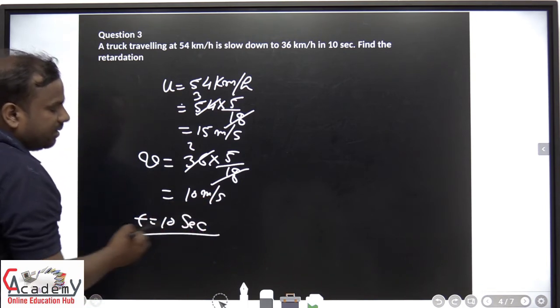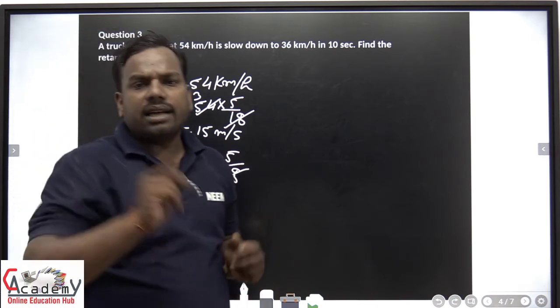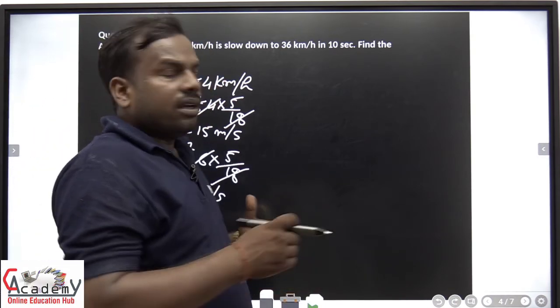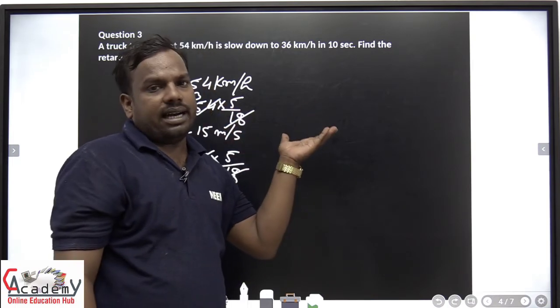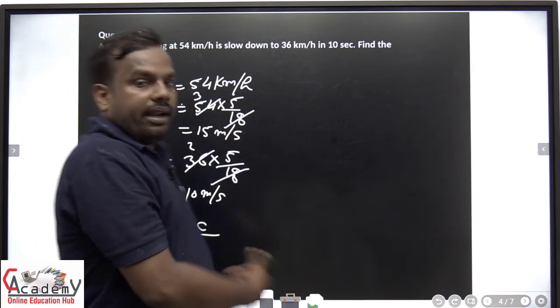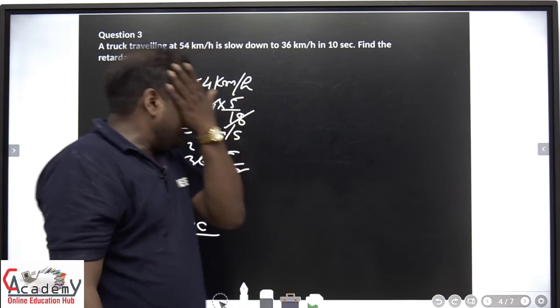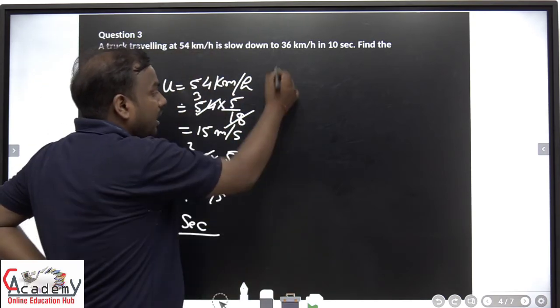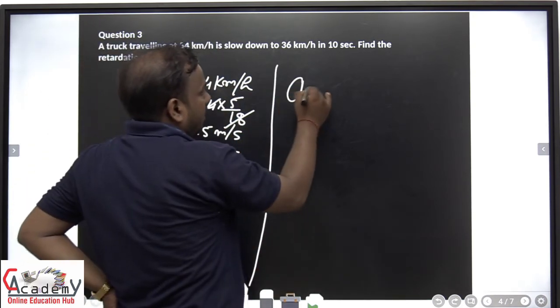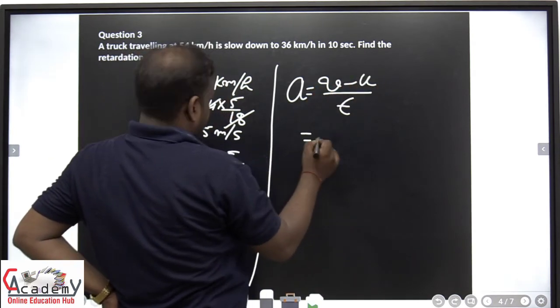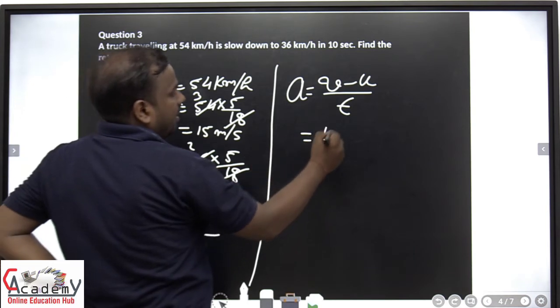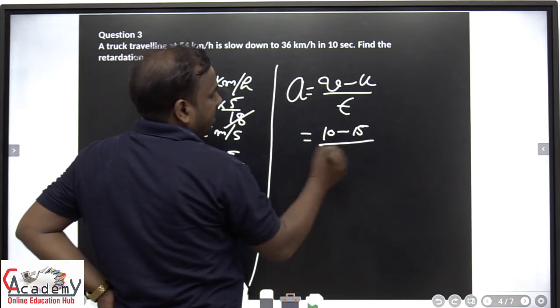Then find the retardation. What is retardation? When a body produces negative acceleration, that is called retardation. If we get a negative acceleration, we can say that it is a retardation. So find the acceleration. What is the acceleration? v minus u upon t. Here v is 10 and u is 15, divided by 10.